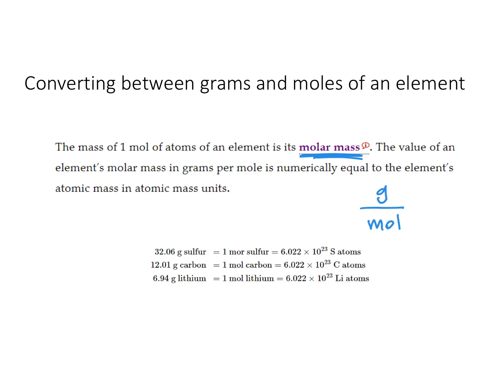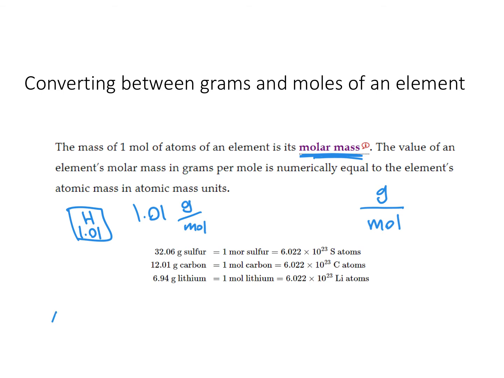Okay? So for elements in the periodic table, you simply look at the atomic mass unit that is listed below the element, read that number, and that number would be molar mass. For compounds, you calculate the formula mass.